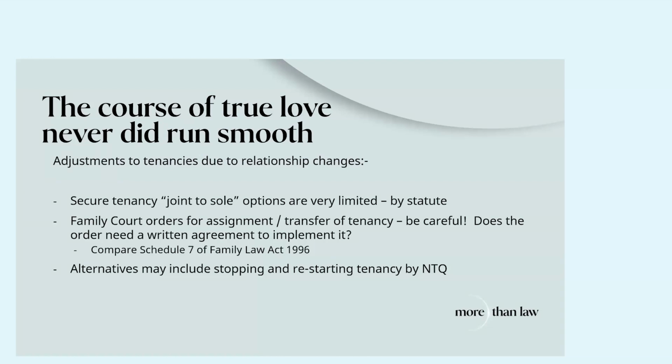So if you cannot get the agreement of the joint tenant and the court order isn't going to solve it, then your only option may be for one of the two joint tenants to serve a 4-week notice to quit, terminate the tenancy, and re-grant it in their sole name. But then that's going to be down to your own discretion or policy management as a social landlord or a local housing authority.